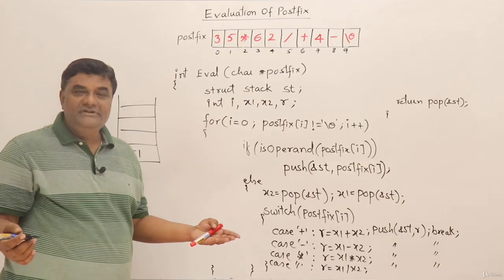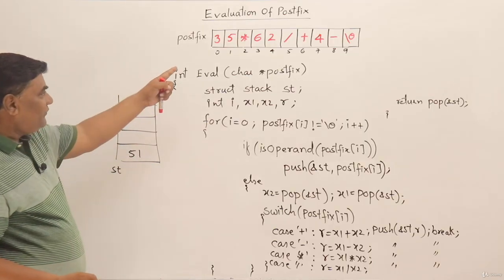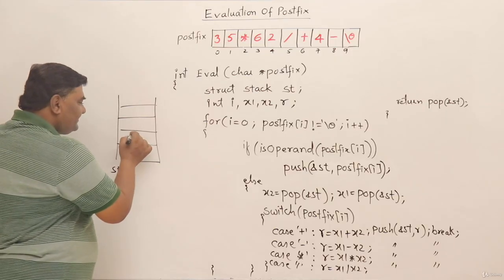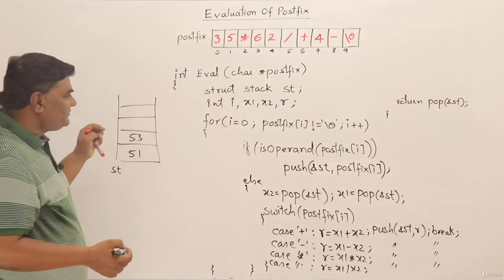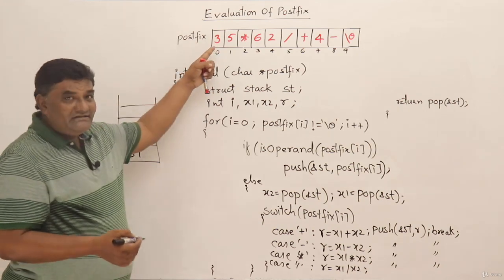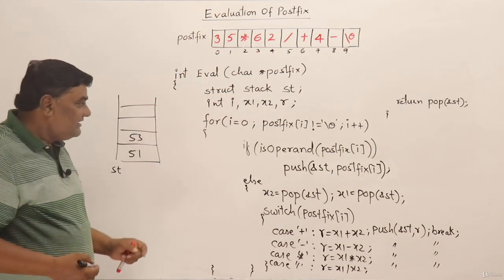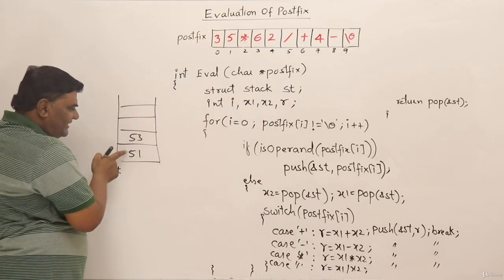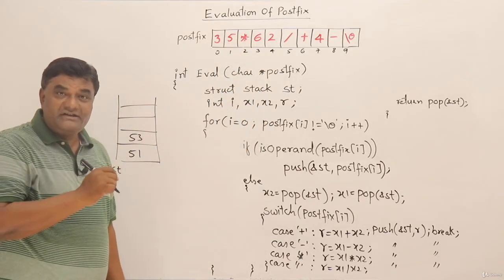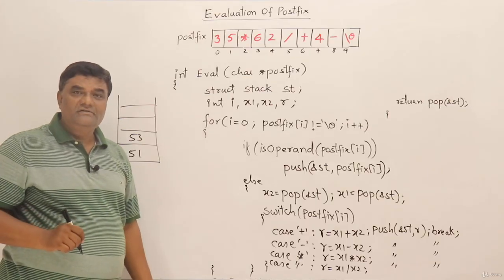Wrong, so we cannot expect good results. For 5, 53 will be pushed. Their ASCII codes will be pushed because those are characters. It means when this multiplication is performed, it will be performed on 53 and 51. It will give us a wrong result.